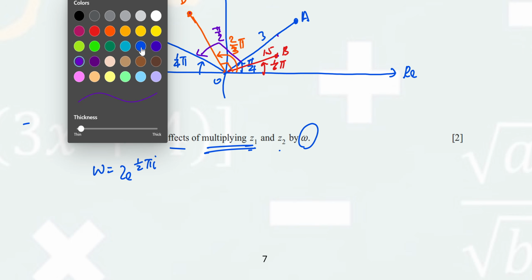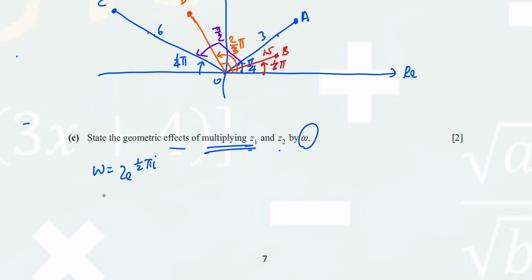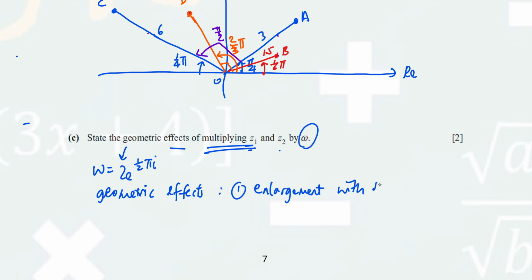So here I will say the geometric effects: the first one is enlargement, because of the 2. You times 2, so enlargement with scale factor 2. This is because of the R, because R is multiplied by 2.